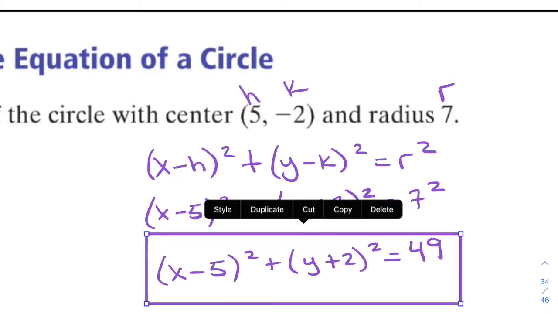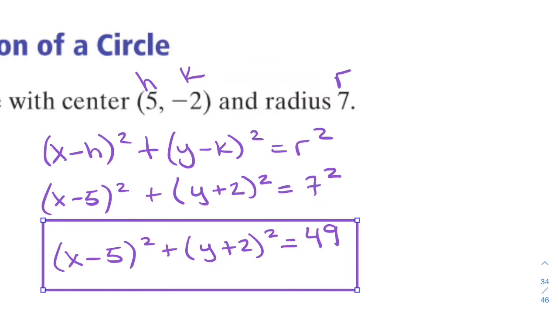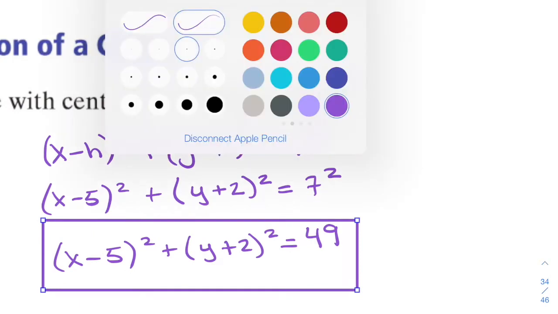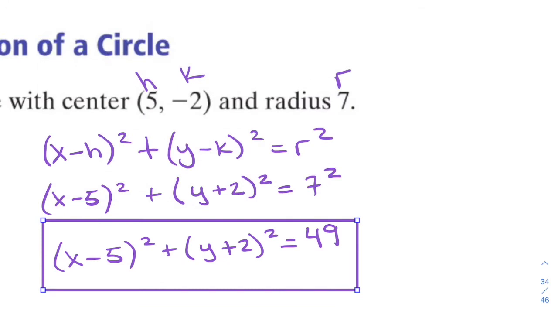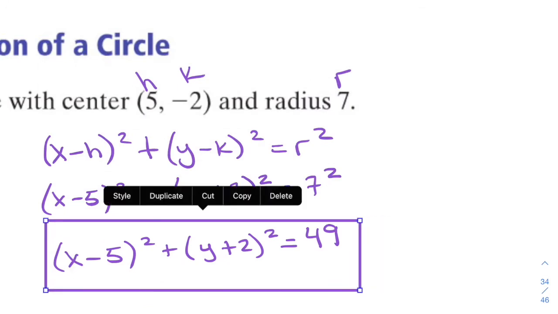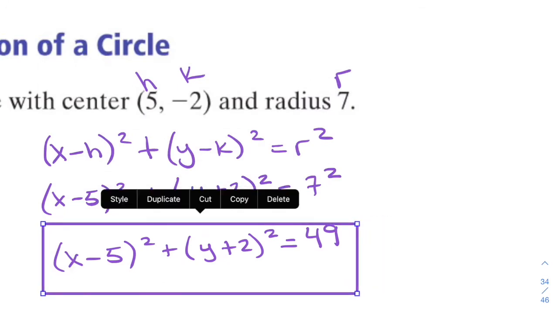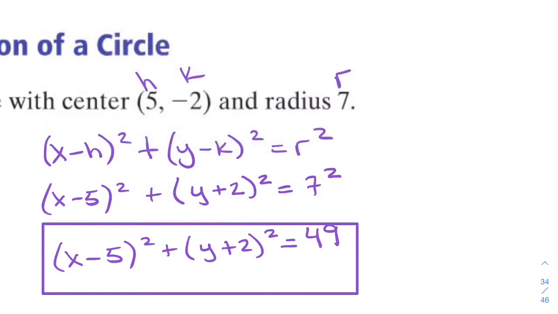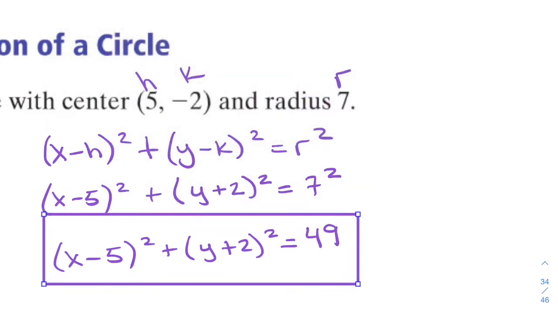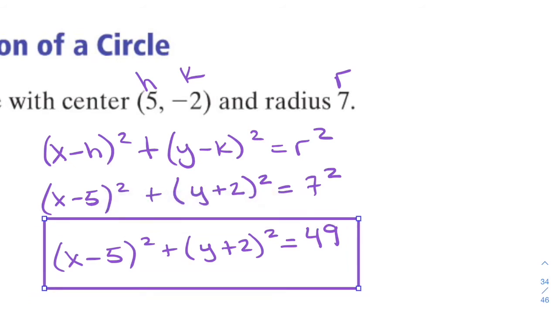So if you were given this and asked what the center was, you're just going to do the opposite of what you see. So if you see a negative 5, h was a positive 5.